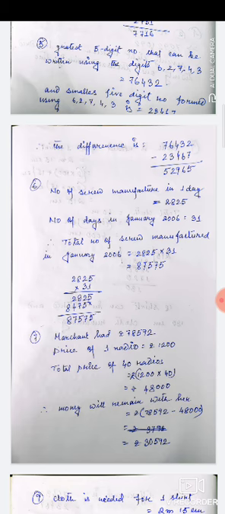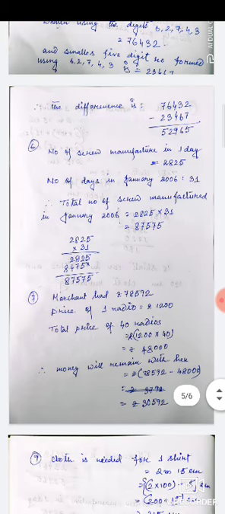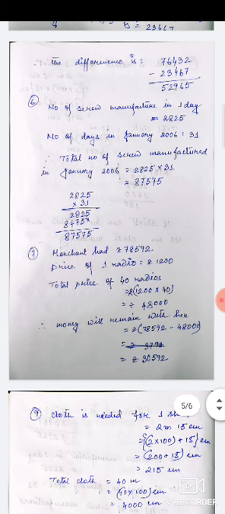So clearly we have to multiply the number of screws in one day by the number of days of January. The number of screws manufactured in one day is 2825, and the number of days in January is 31. So the total number of screws manufactured in January is 2825 into 31.